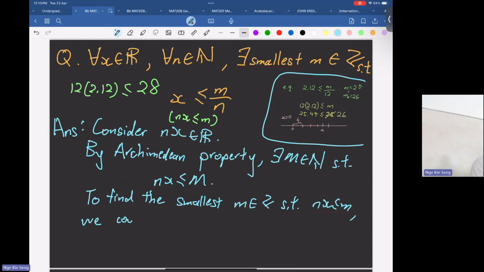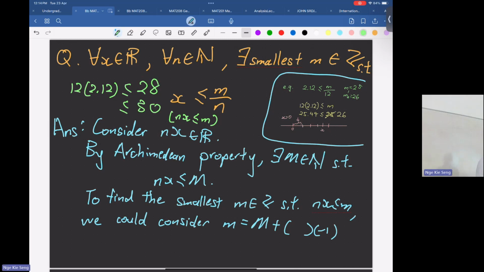We could consider m minus one a few times. How many times do you need to minus? For example, for 28, you need to minus 2 times. How about for 30? How many times do you need to minus? 4 times.